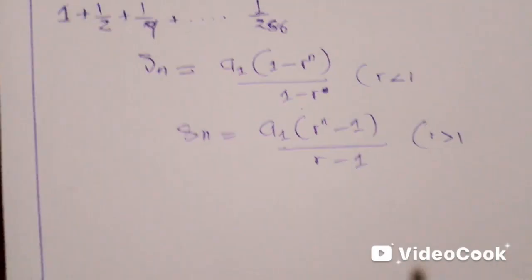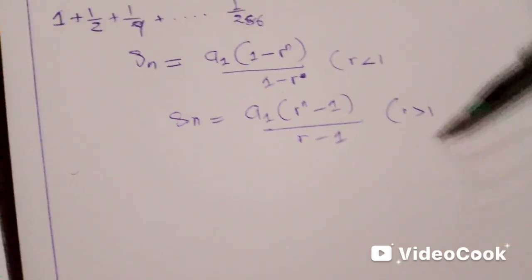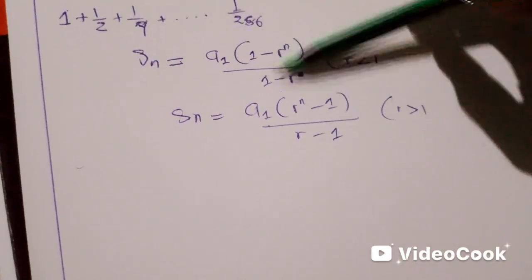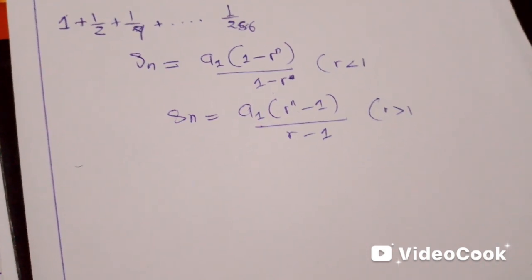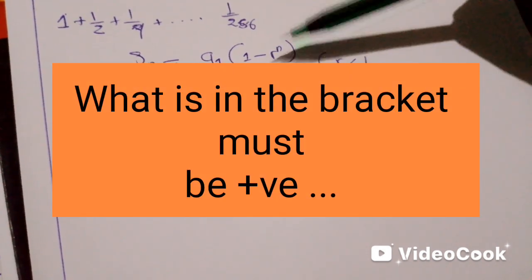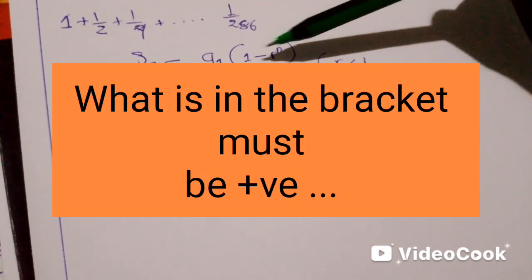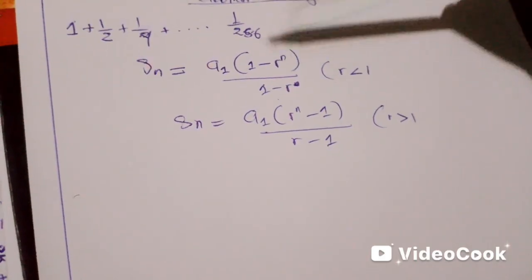So how can you remember this? Simple and straightforward. Look in the bracket. When you look in the bracket, you're going to notice one thing: we are choosing the r so that what is in the bracket should be positive. How?